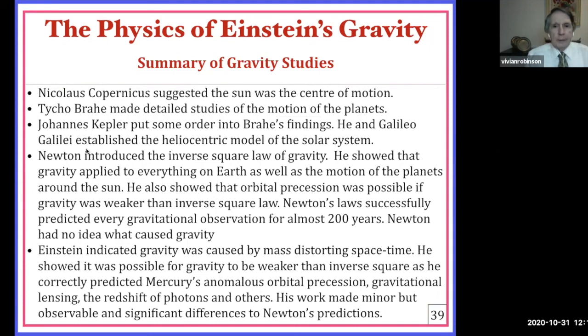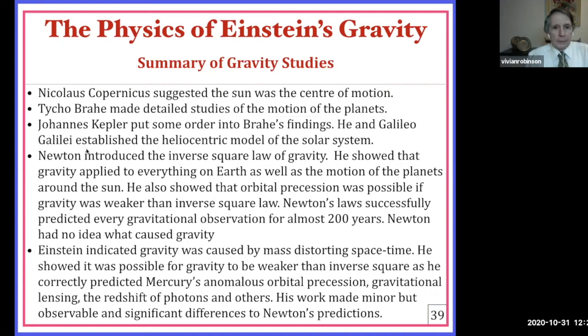He also showed that orbital precession was possible if gravity was weaker than inverse square. Newton's laws successfully predicted every gravitational observation for almost 200 years. But then again, Newton had no idea what caused gravity. Einstein indicated that gravity was caused by mass distorting space-time.